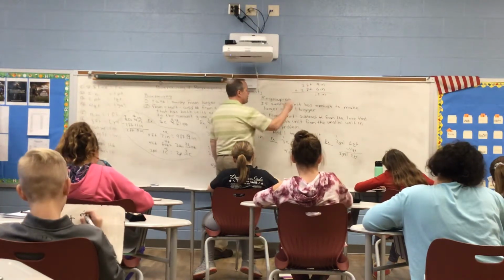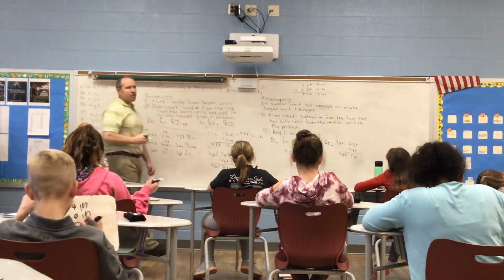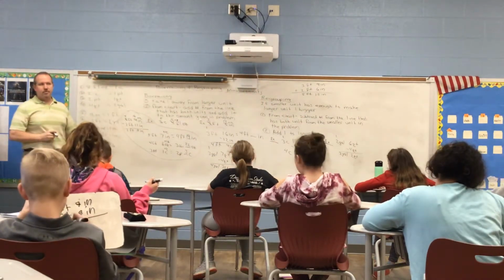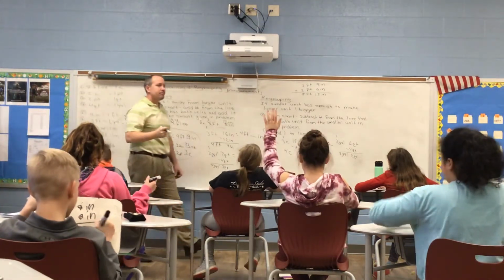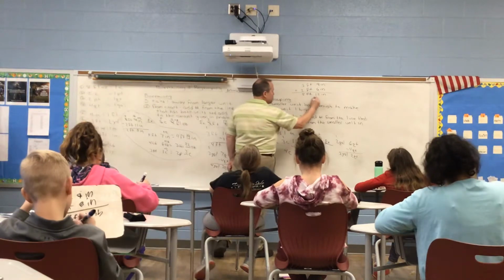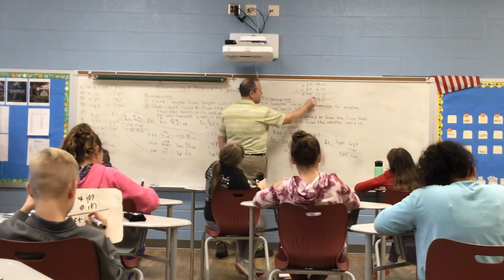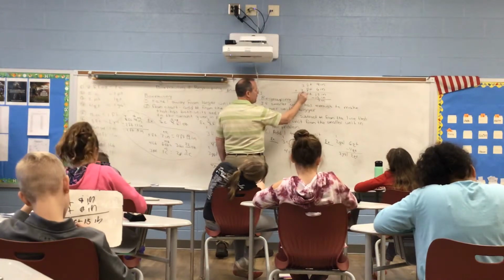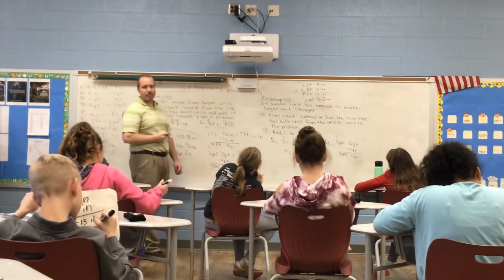And 3 feet and 2 feet gives us 5 feet. Now, do we have enough inches to make another foot? Yes. So, how many inches does it take for a foot? 12. So, we subtract those 12 inches, leaving us with 3 inches. Now that 12 inches we took away becomes 1 foot, giving us 6 feet.